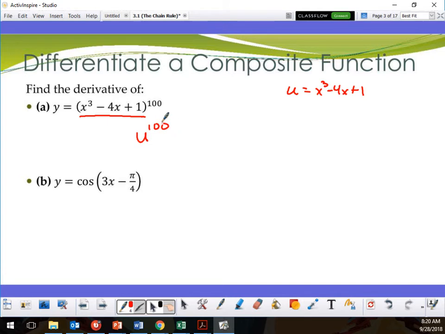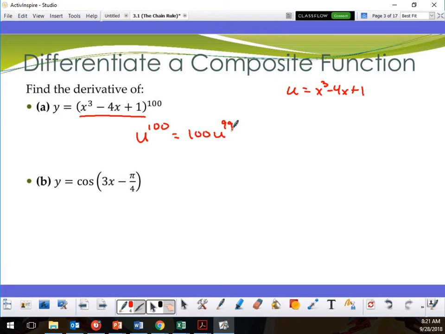Can we find the derivative of that? Yeah, what would be the derivative of that? Okay, so that would be 100 u to the 99th, right? So that's just the derivative of the outside portion, okay?